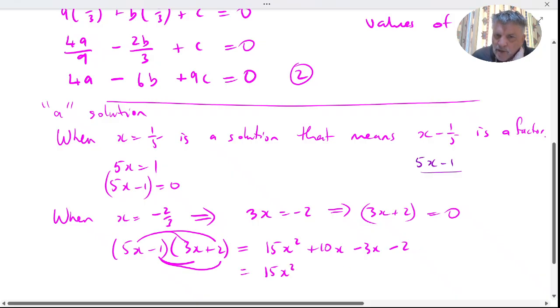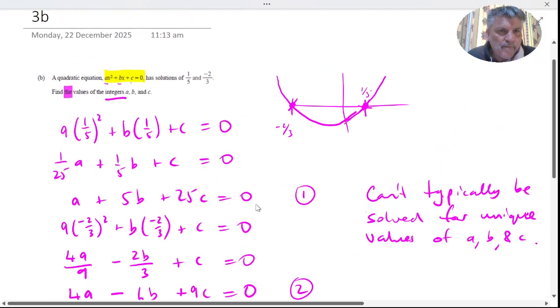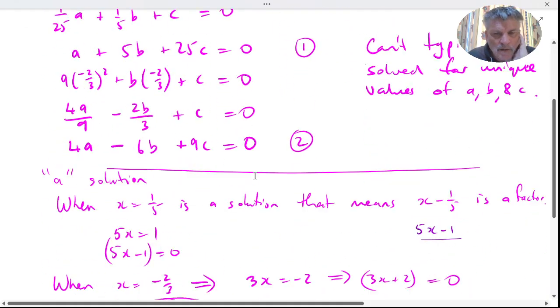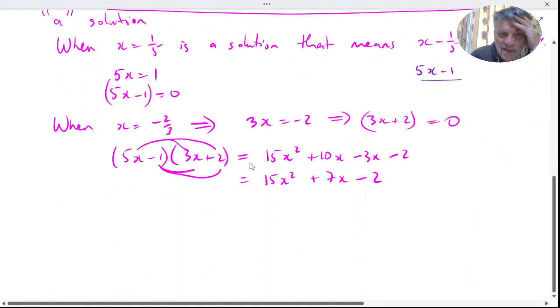So 15x squared plus 7x minus 2. That's a quadratic that has those two values as a solution. So we've got a equals 15, b equals 7, and c equals minus 2.